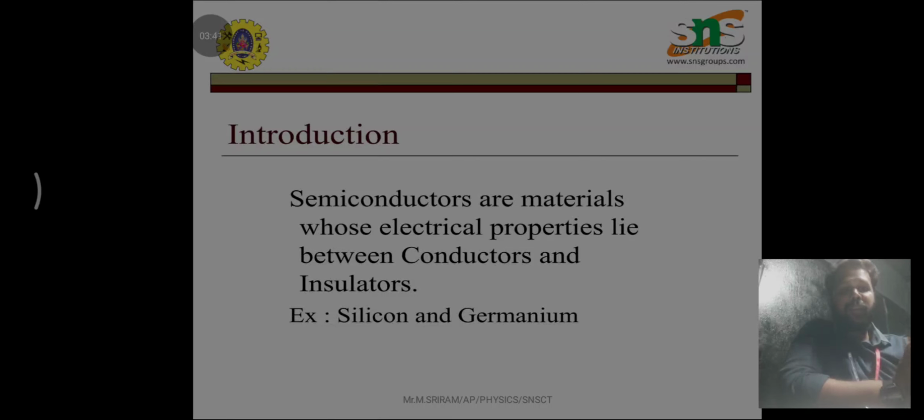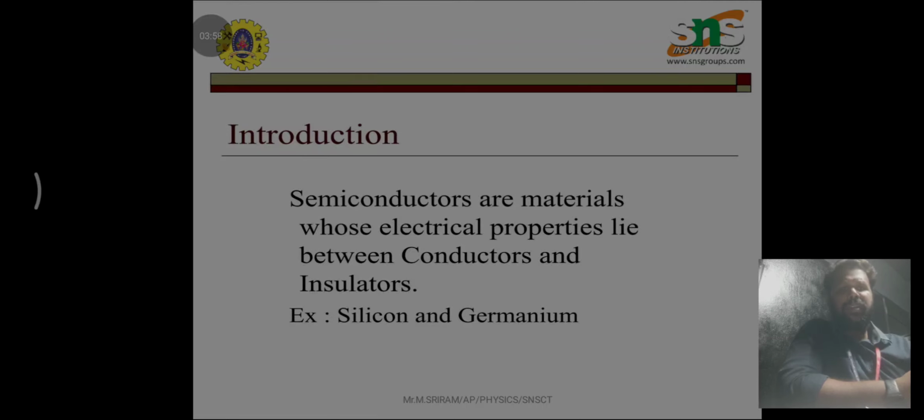Since the lifetime of the charge carriers is very small, the current amplification is small, hence they are not suitable for making transistors and ICs, and they are used for making LEDs and laser diodes.